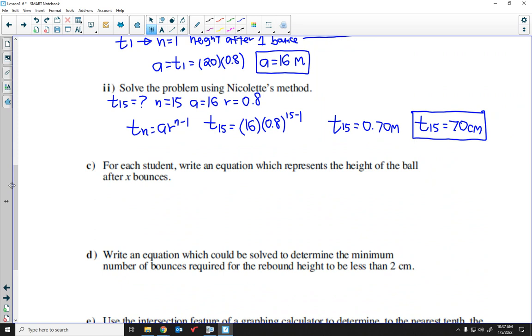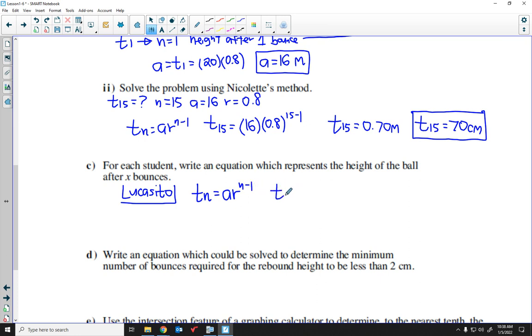C, for each student, write an equation which represents the height of the ball after x bounces. Okay, so let's go to the first student, Lucacito. So his equation, if we write down a general term formula, would be T of n is equal to a r to the n minus 1.